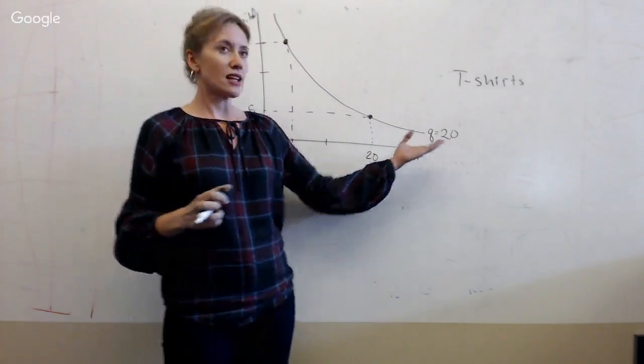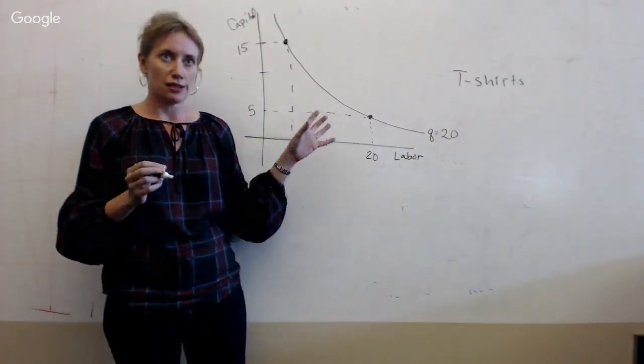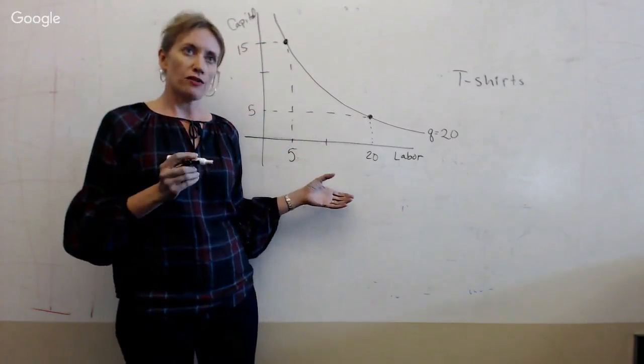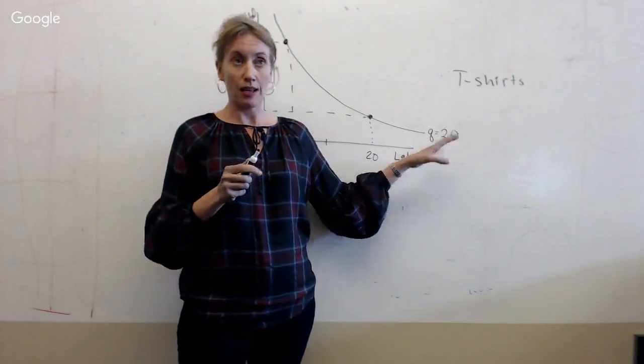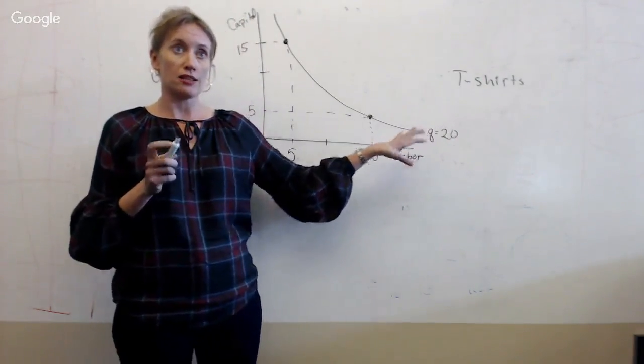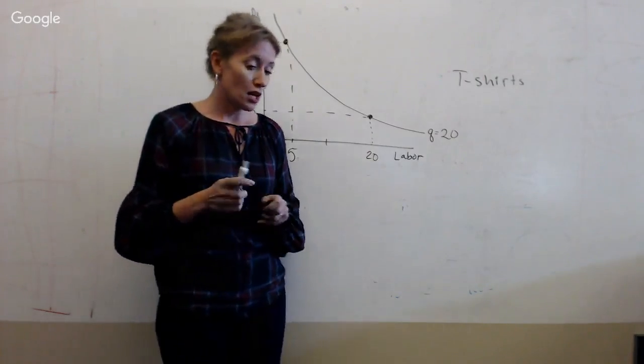Now this isoquant represents the combination of inputs that can produce 20 t-shirts per hour, and not any other quantity. We'll expand this to include other quantities later.